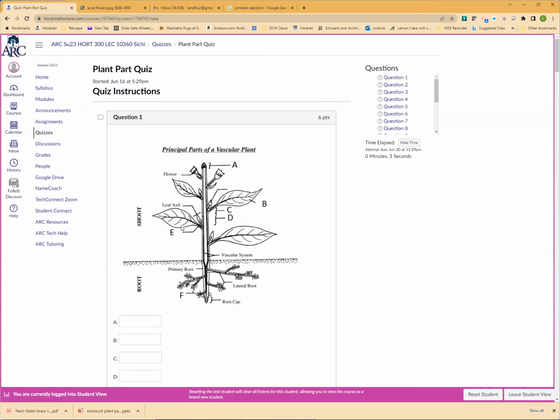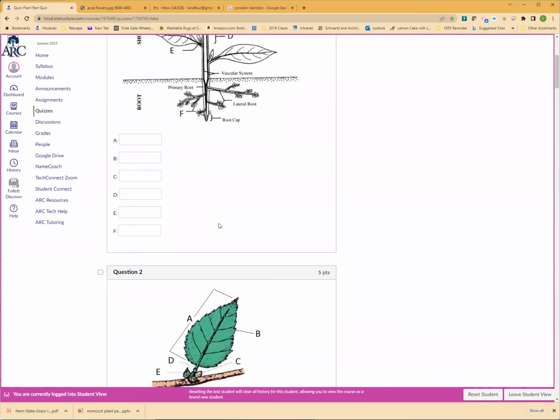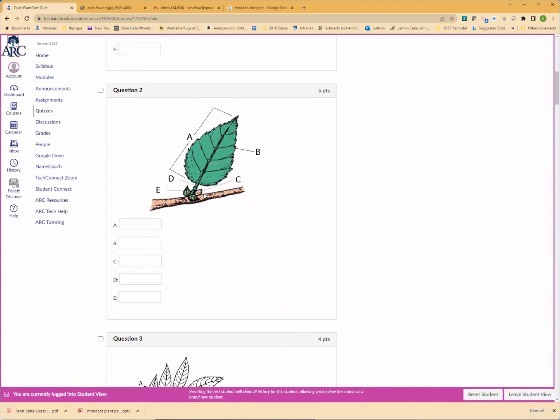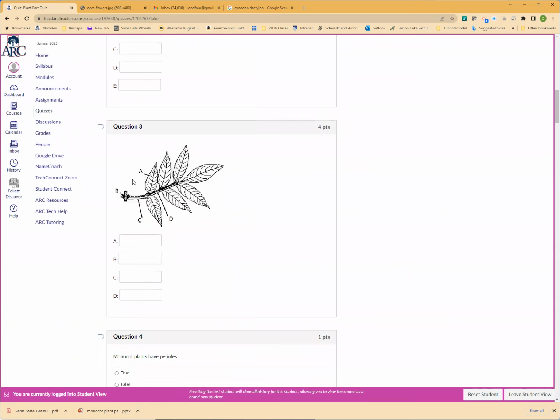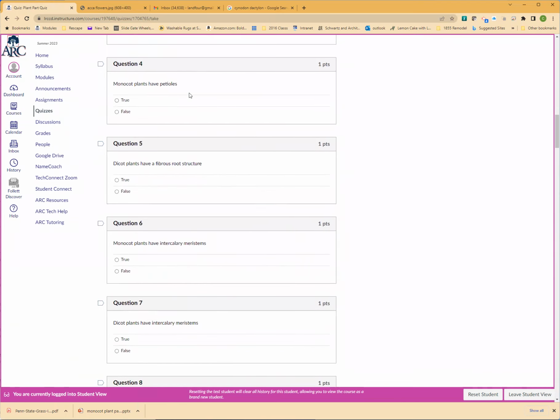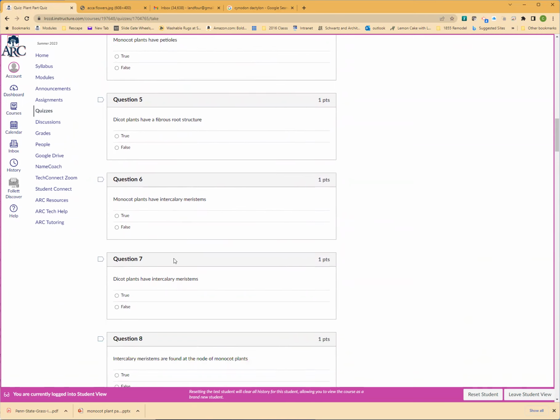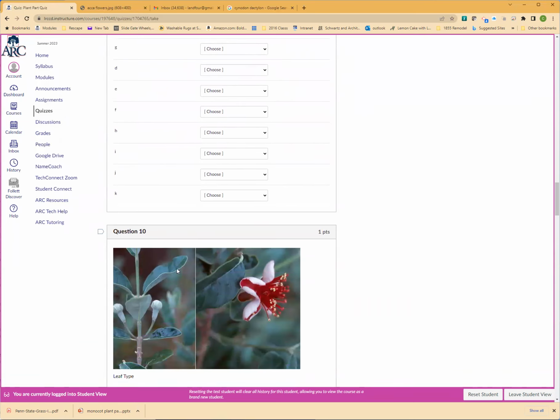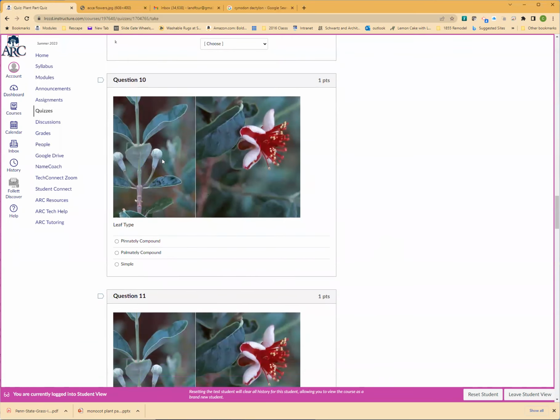Obviously, it's identifying some plant parts that we went through in the plant part lecture and slide deck, identifying leaf parts of dicots, same thing, leaf parts of dicots, some questions about monocots and dicots, identifying parts of dicots, and then, I'm sorry, of monocots, and then looking at some specific leaves and whether, in this case, it's pinnately compound, palmately compound, or a simple leaf.